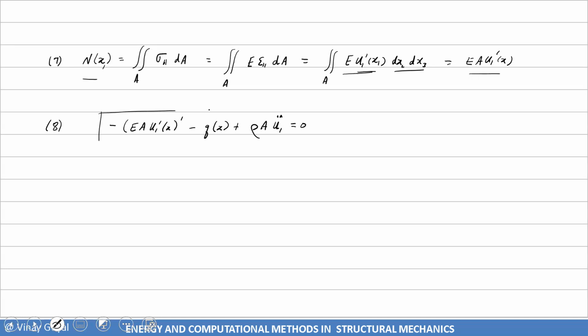And this is the differential equation that can be solved for u1. Here I was not talking about time, but u1 does depend on x and time. I just didn't write time here.